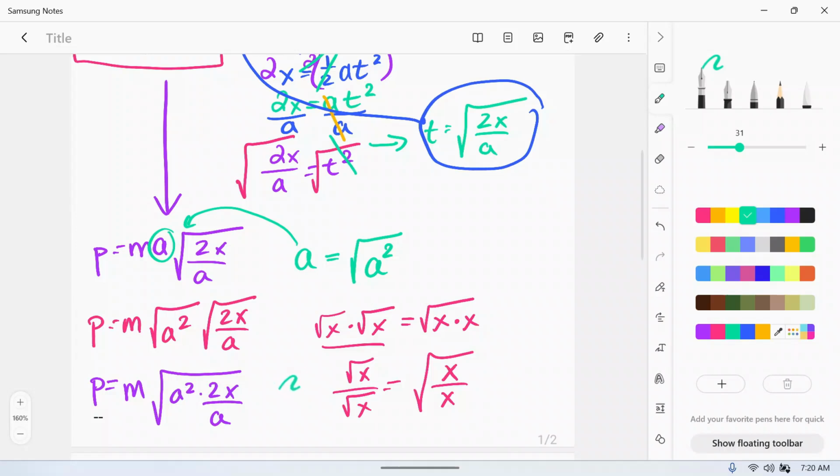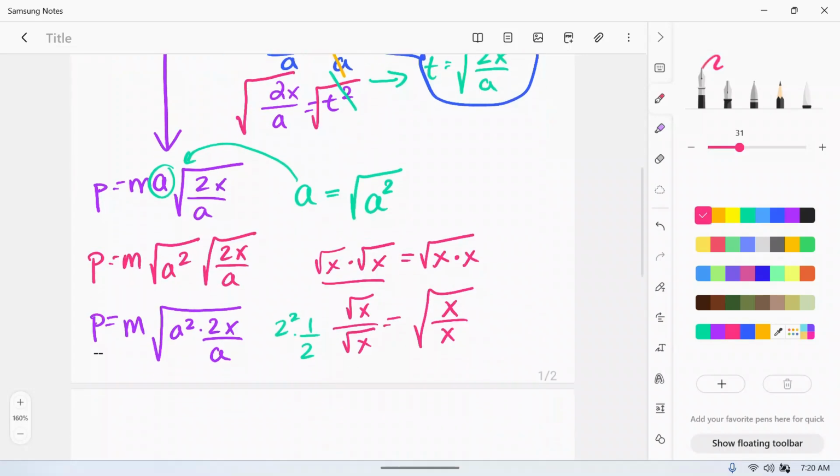Because if I was dividing, like 2 squared times 1 over 2, that is going to be the same thing as 4 times 1 over 2. 4 divided by 2 is 2. So essentially, one of the 2's on the bottom cancels one of the 2's on the top, which is reduced to a 1. 2 to the power of 1 is just 2. So I can simplify that way.